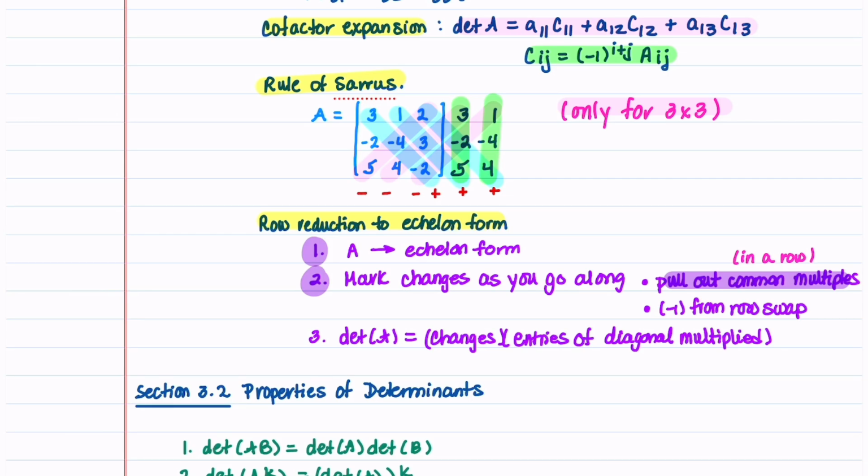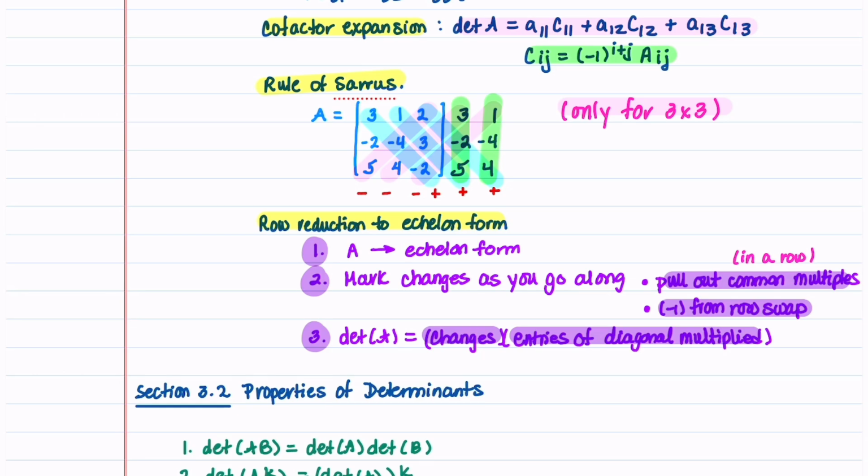For instance, if every row is a multiple of 2, you're going to pull out a factor of 2. And then if you swap rows, you're going to have to make sure and notate it by a negative 1 because swapping rows changes the determinant by a negative 1. And then your last step is to keep track of all those changes and then multiply that number by the entries along the main diagonal. And that's going to give you the value of your determinant.